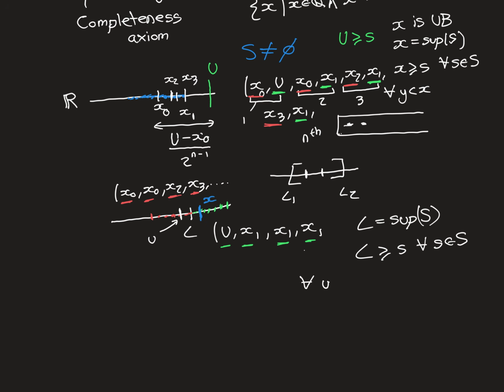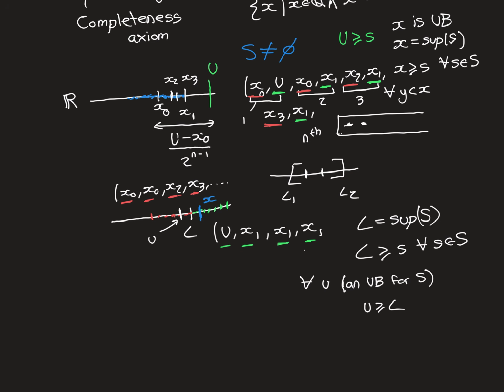So for all u, an upper bound for S, u must be greater than or equal to L. It can't be strictly less than, otherwise this contradiction would arise. And therefore we have proven that L is an upper bound and L is in fact the least upper bound, so we've proven that this set does indeed have a supremum.